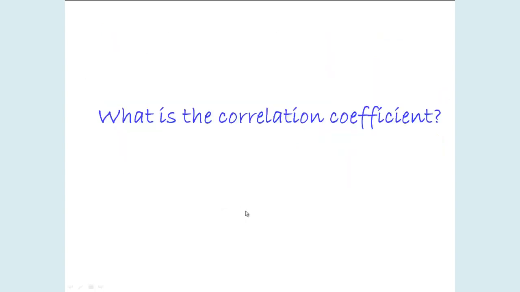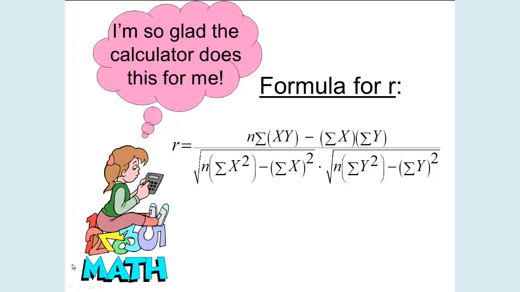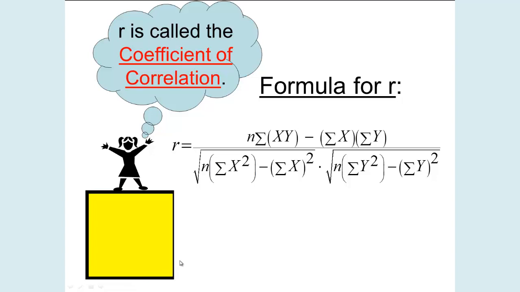What is the correlation coefficient? I gave you a rough definition earlier. Let's look at some more detail. Some teachers actually have you use the formula, and that's what the formula looks like. It's called the correlation coefficient. It is long, it is ugly, and it is difficult to use, especially as you get more pairs of numbers.